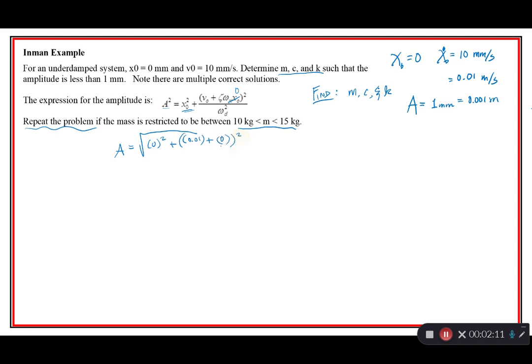And that whole thing squared divided by the damping squared. So setting that thing equal to 0.001, I can solve for what the damping is required for that amplitude.